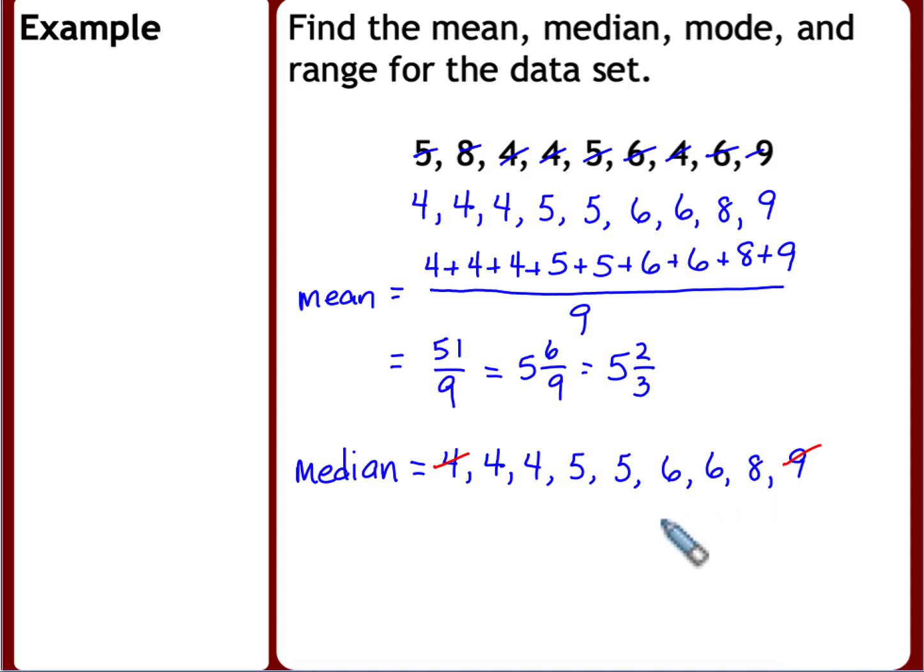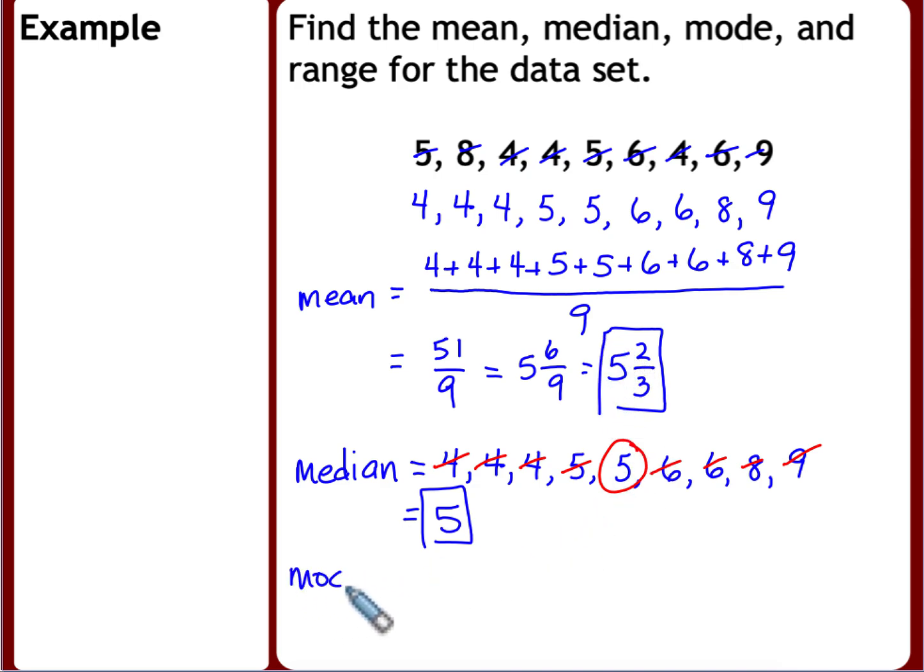You're actually doing them together in pairs. So you always have to cross off 2 numbers at a time. So I'm crossing off the 4 and the 8 at the same time, the 4 and the 6 at the same time, the 5 and the 6 at the same time, and that gives us 5 in the middle. So our median is 5. We just box that in.